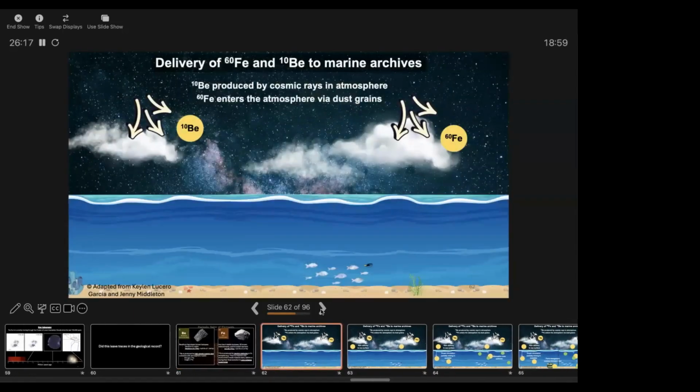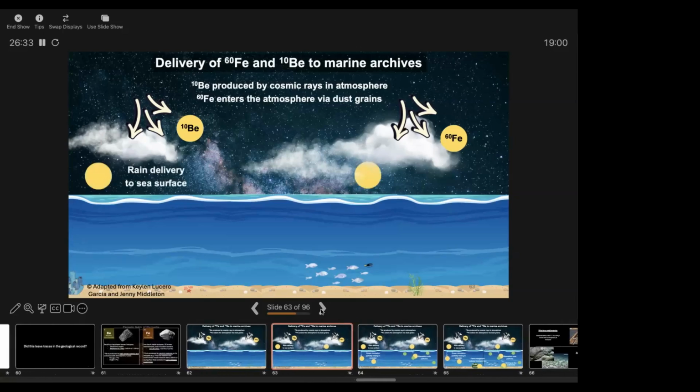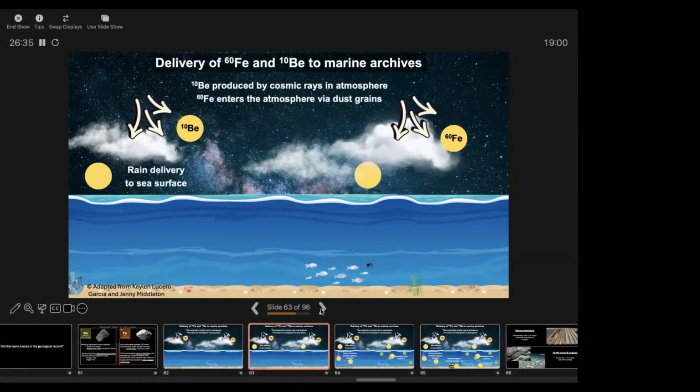But then, how are iron-60 and beryllium-10 delivered to our marine archives? You have to imagine that you have iron-60 and beryllium-10 in our atmosphere. Then you have some rain, and the rain brings these atoms down to the sea surface.